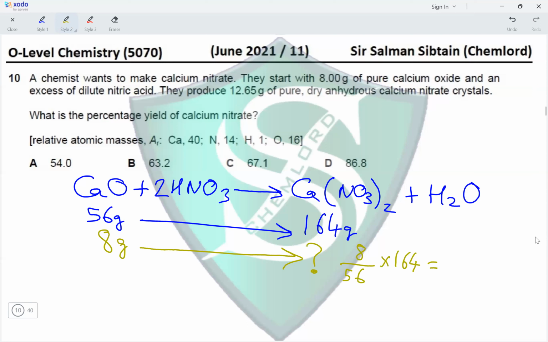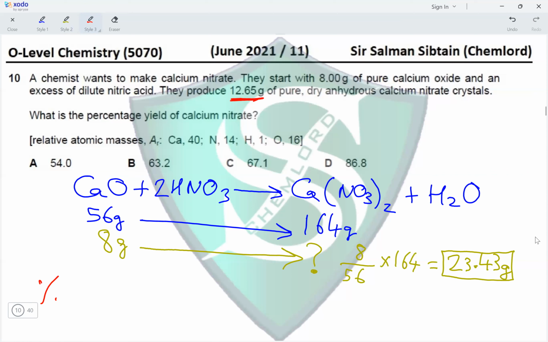This will give us a value of 23.43 grams. Now, this 23.43 grams is the amount that is supposed to be produced. What we have here in the question is that 12.65 grams is produced and we need to find out the percentage yield.